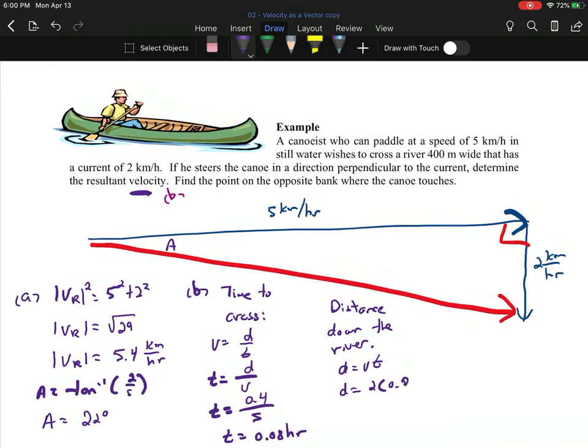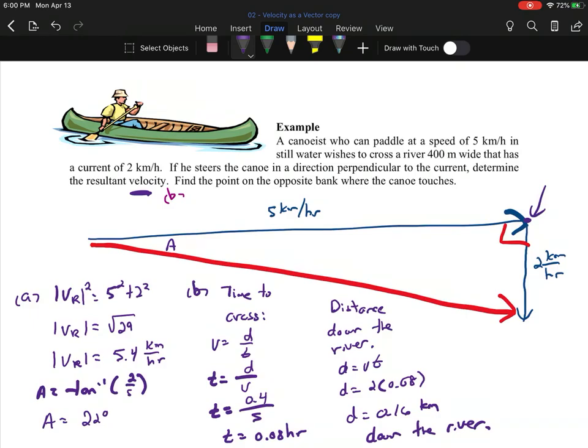So the distance equals the velocity, which is 2 kilometers an hour, times the time, which is 0.08 hours. And so I get distance equals 0.16 kilometers down the river. So if he really was trying to go straight across the river and make it to a point right there, if that's where he was trying to get to, he has been pulled down the river by 0.16 kilometers by all this.